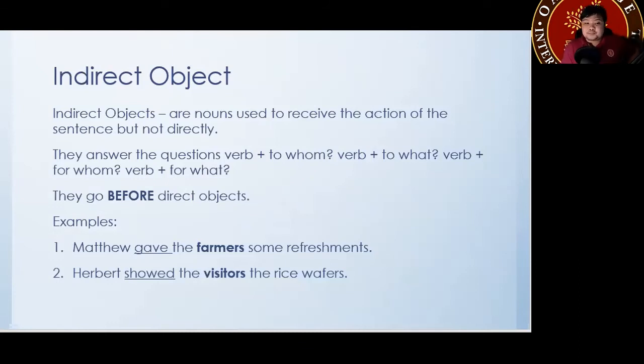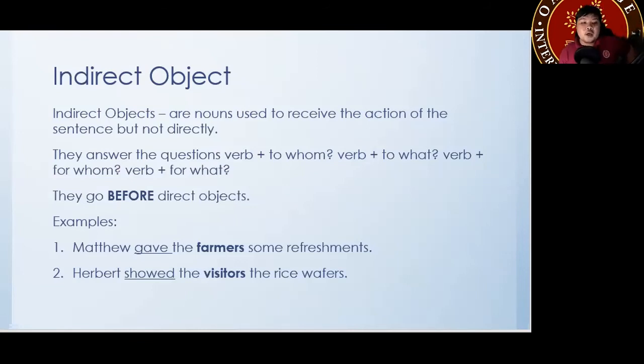So number 1, Matthew gave the farmers some refreshments. I underlined the verb gave. Gave what? What did Matthew give? Gave refreshments. Therefore, refreshments is the direct object. But Matthew gave refreshments to whom? The farmers. Therefore, farmers there is the indirect object.